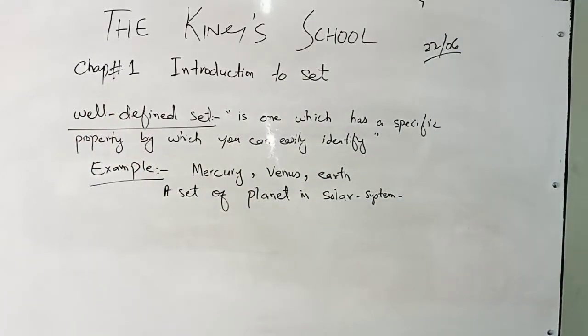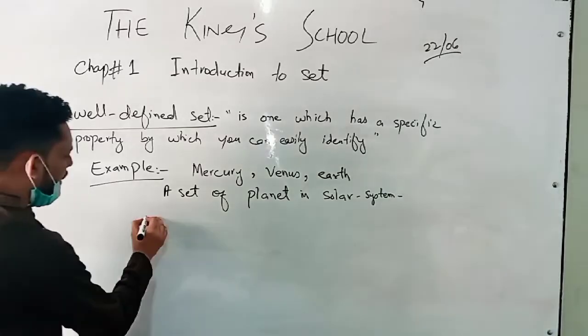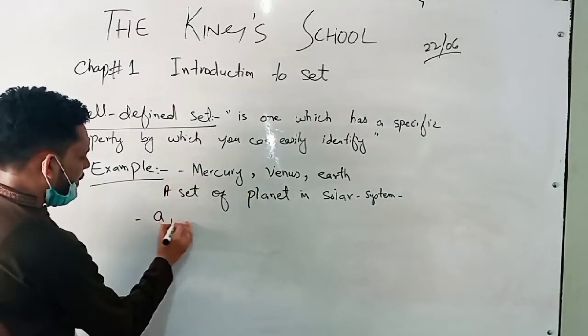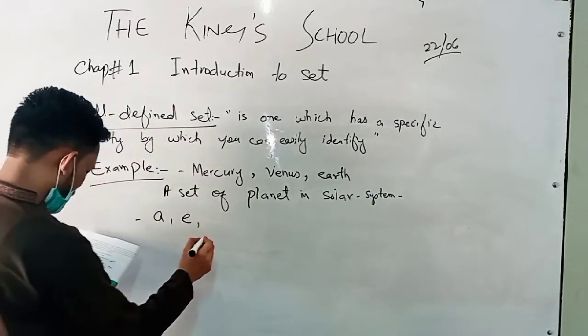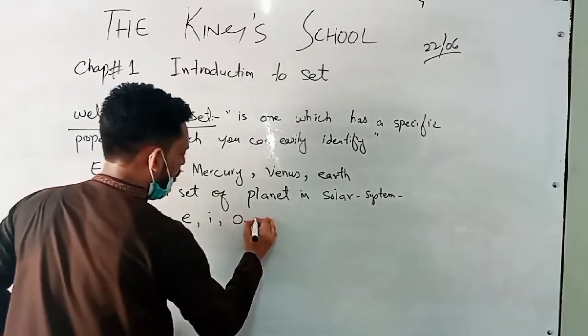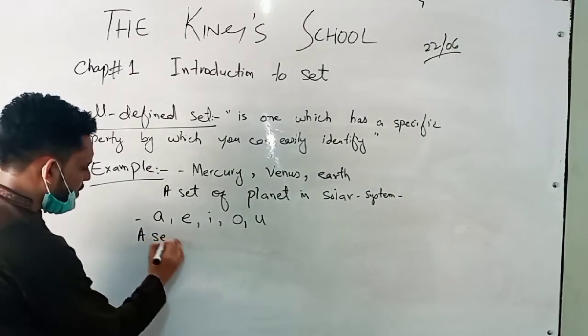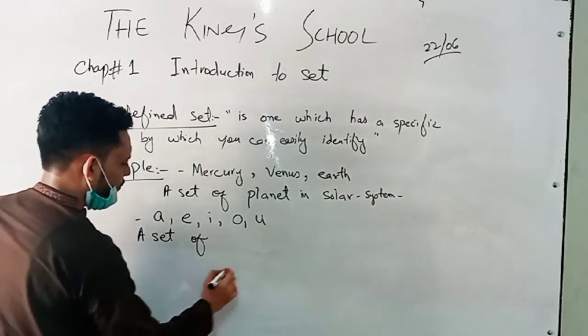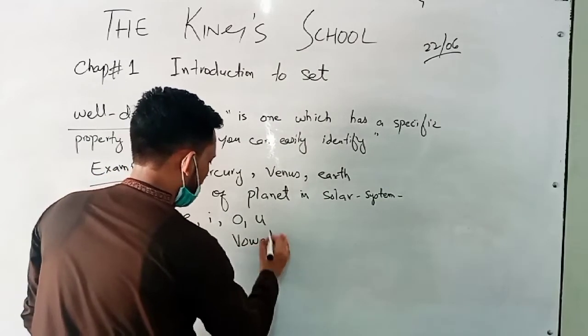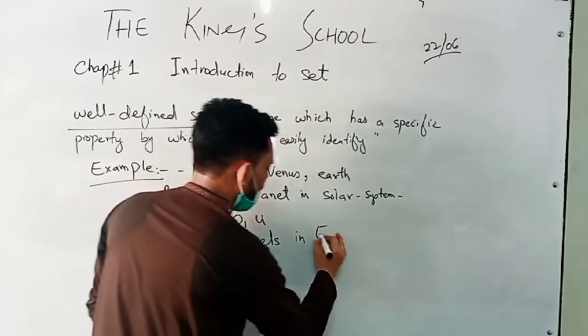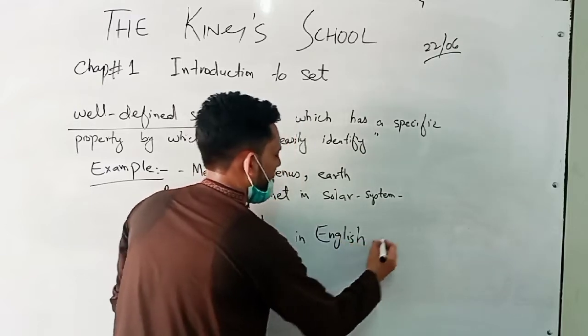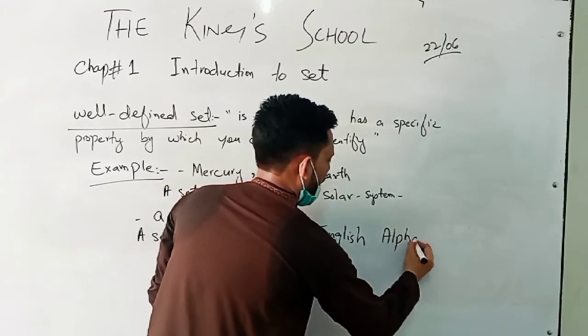We have another example: A, E, I, O, U. We can say that it is a set of vowels in the English alphabet.